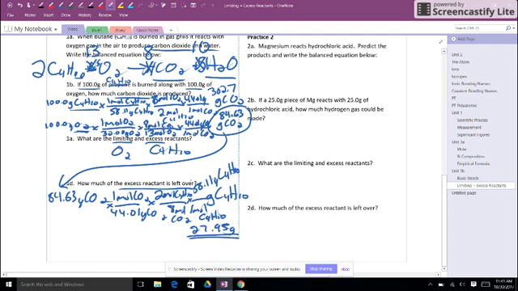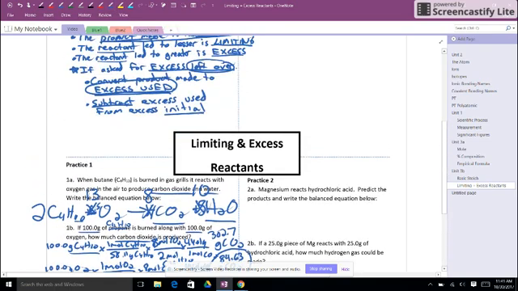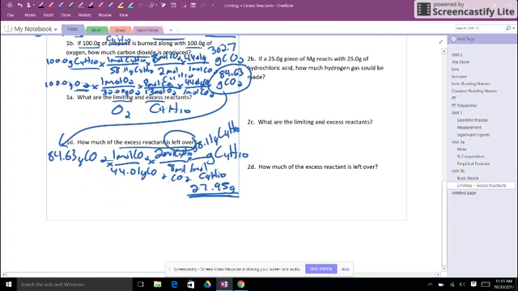Now, we're not done because this question asks for how much is left over. And this is how much is used. So don't forget, and this is the most common thing, is forgetting to do this last step here, that we always then subtract the excess used from the excess initial. Now we started with 100 grams of butane, and we used up 27.95 grams of it.